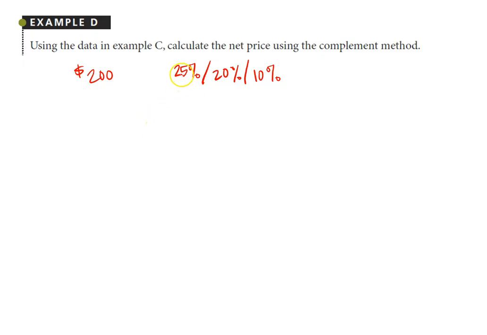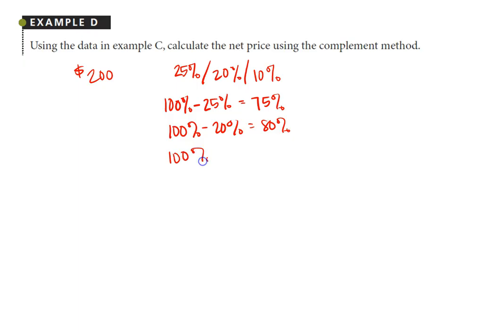And so remember that the complement is simply 100% minus the trade discount. So 100% minus 25% gives me 75%. The complement of 20% is 80%. And finally, the complement of 10% is 90%.